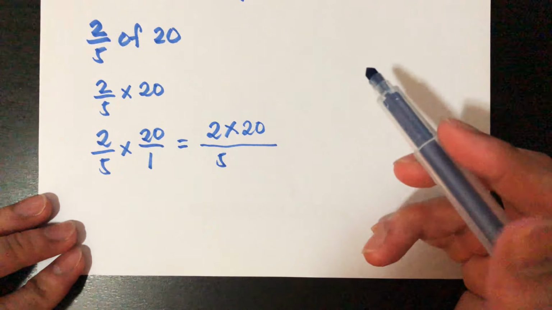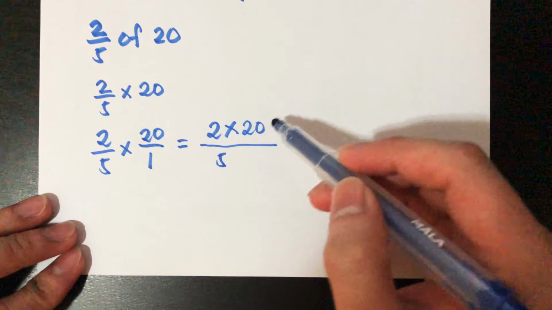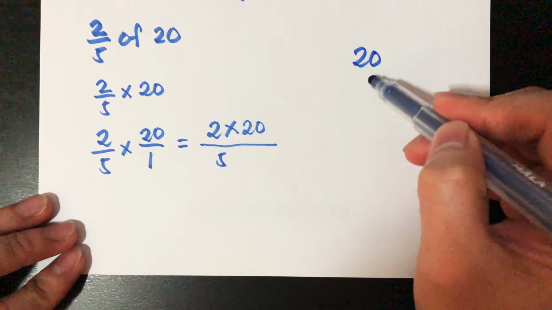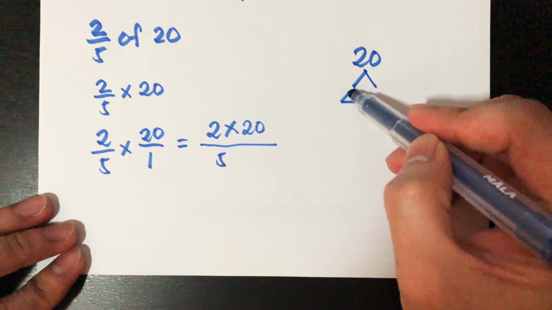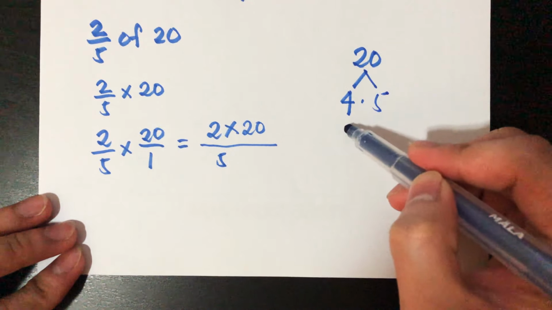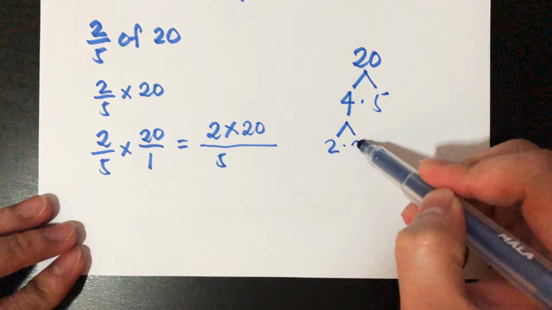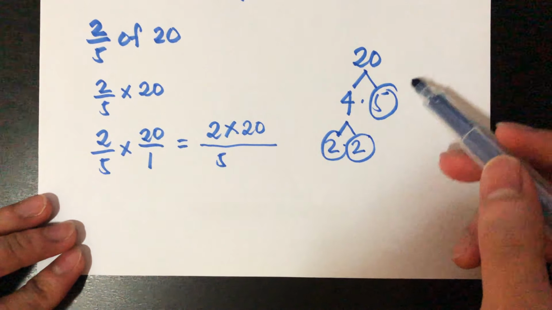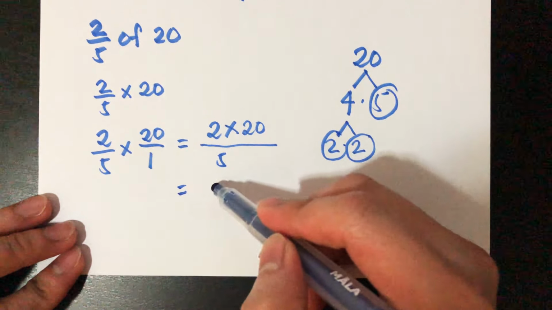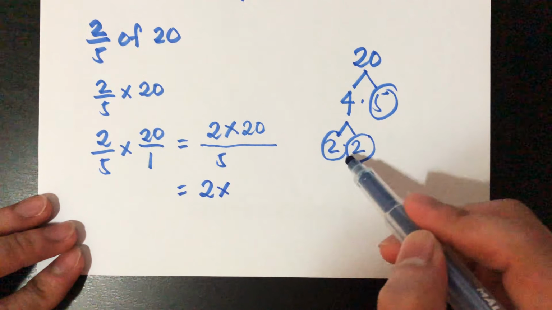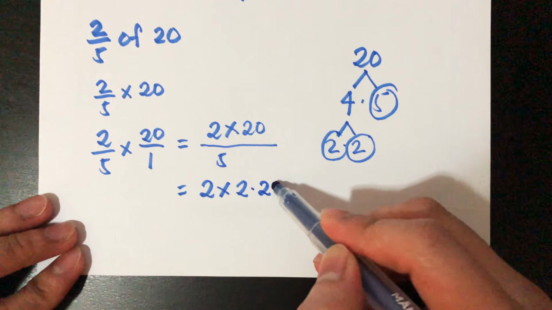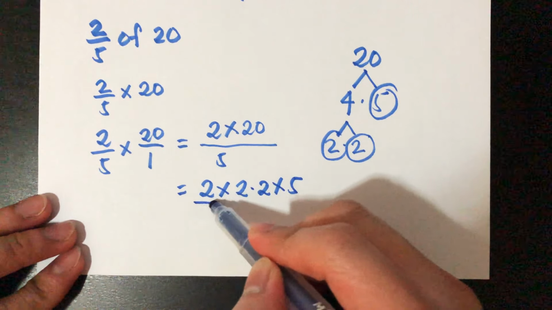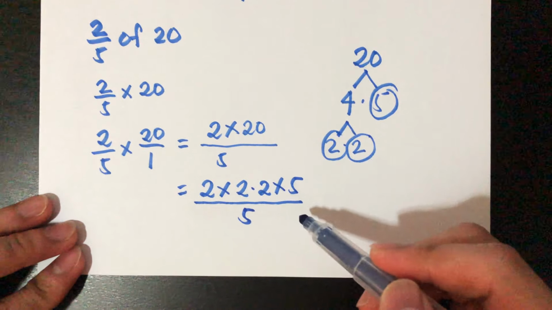So this will become 2/5 times 20 over 1. So this is now equal to 2 times 20, then we have 5 times 1. Okay, so no need to put 1 since 5 times 1 is 5. Okay, now the next step is we're going to factor 20. So to get the factors of 20, we have 4 times 5, and we have 2 times 2. Okay, now this is equal now to 2 times 2 times 2 times 5 over 5.